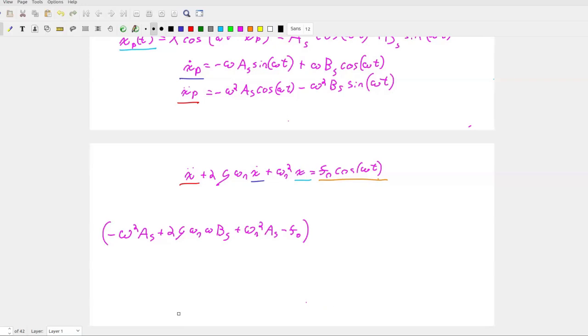All of these terms were at one time multiplied by a cosine of omega t.